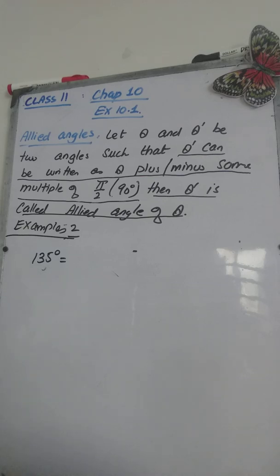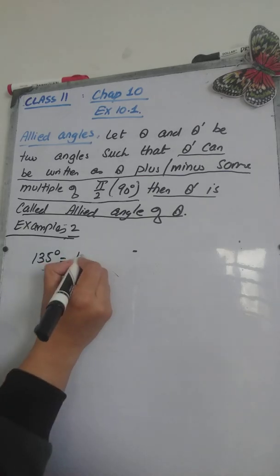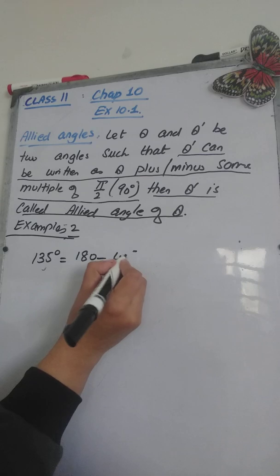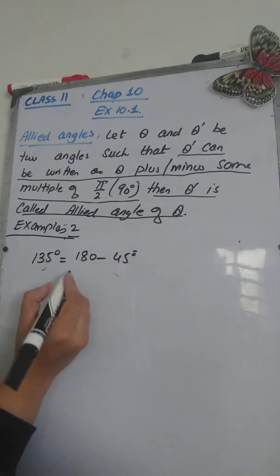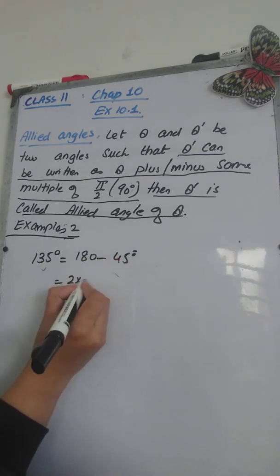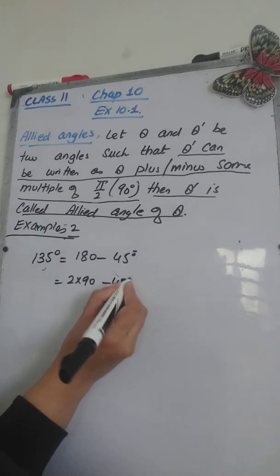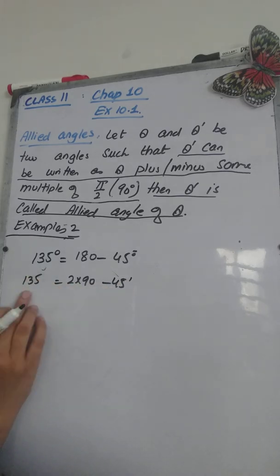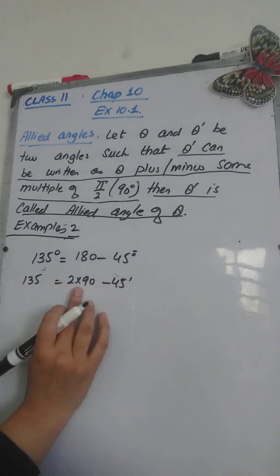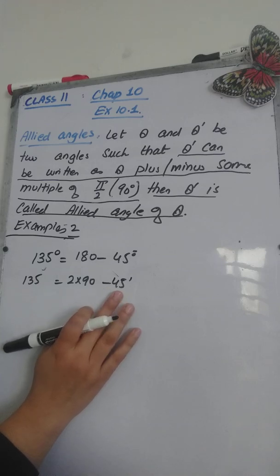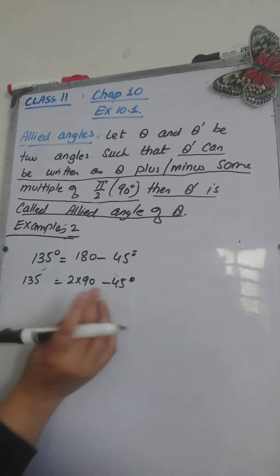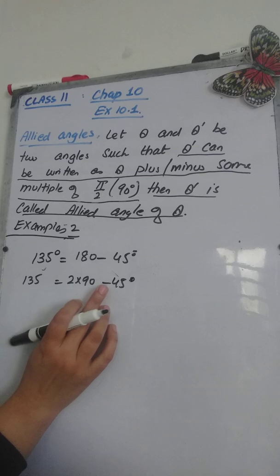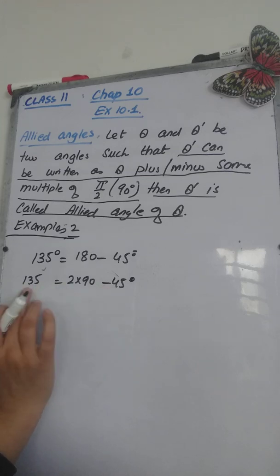This angle can be written as 180 minus 45. 180 is a multiple of 90, since 2 times 90 is equal to 180. So we have written this 135 as a multiple of 90 minus 45 degrees. So there can be a plus or a minus sign in between them. Then such angles are called allied angles.